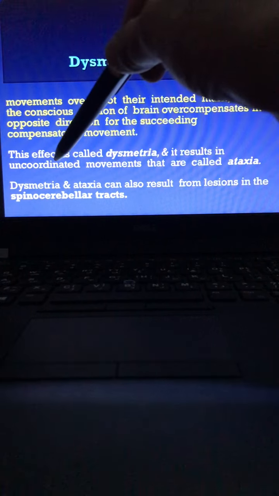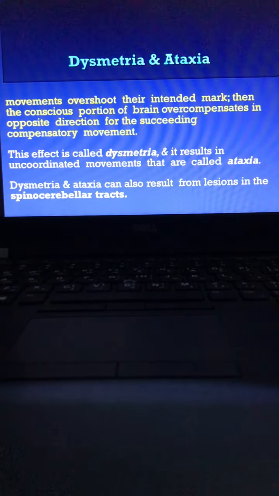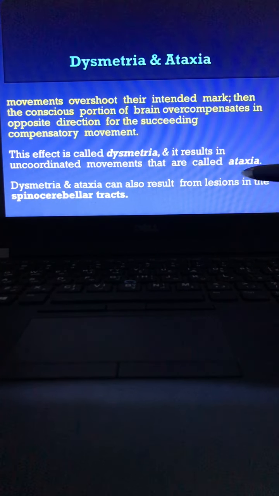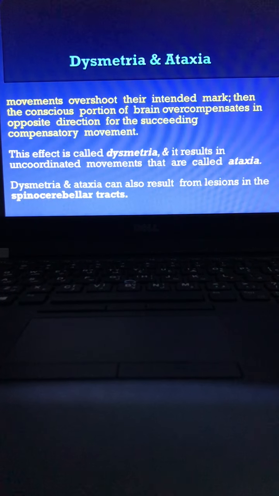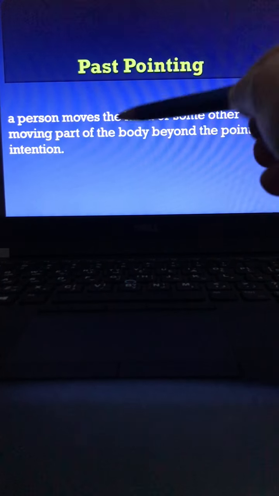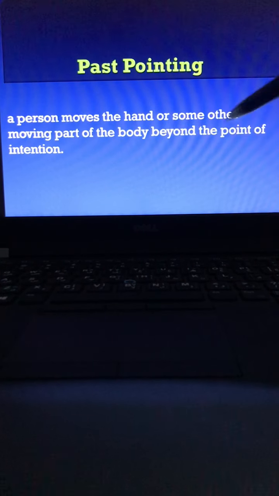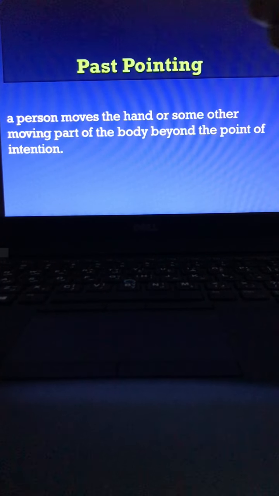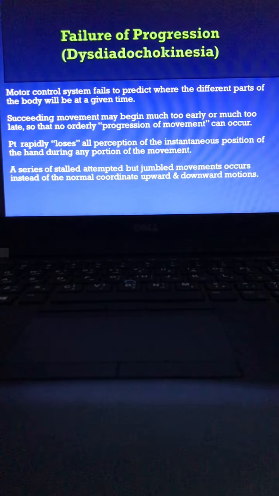It results in uncoordinated movements that are called ataxia, irregular movement. Dysmetria and ataxia also may result from lesions of the spinocerebellar tracts, not only the cerebellum. Past pointing: a person moves the hand or some other moving part of the body beyond the point of intention. When we want to reach a certain point, when moving toward a certain point, we may overshoot it because of cerebellar dysfunction.